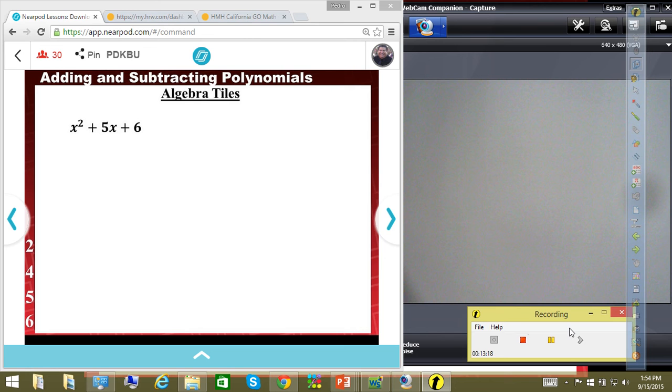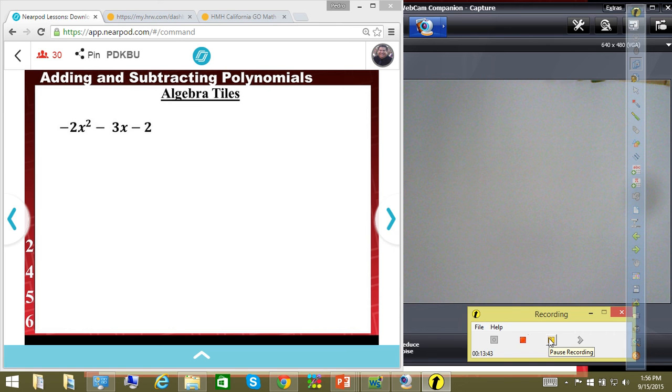Now I want you to show me negative 2x squared minus 3x minus 2. Go. Using tiles. If it doesn't look like yours, your neighbors, help them out. So, negative 2x squared, that means 2 red ones.